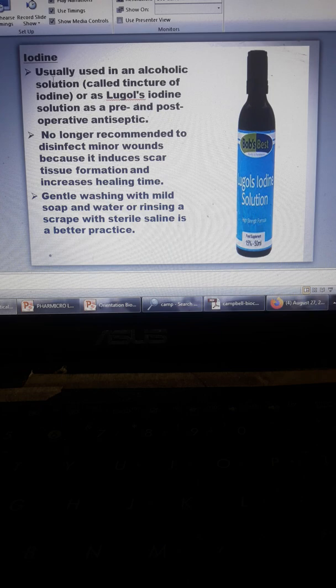This one is no longer recommended to disinfect minor wounds because usually it induces scar tissue formation and increases healing time. Usually there is a delay because iodine tries to react with the protein in the wounds. It can cause what is called remodeling of the tissues.